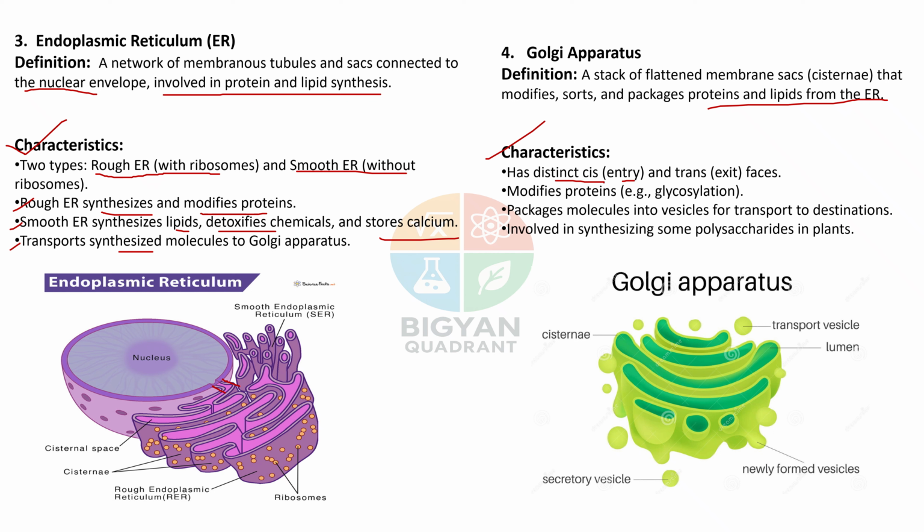Cis means the entry face, and trans is the exit face. It modifies proteins, packages the molecules into vesicles, and transports them to their destination, and it is involved in synthesizing some polysaccharides in plants. That is the transport vesicle that is transported from the Golgi apparatus, and now it is moving forward to its destination.